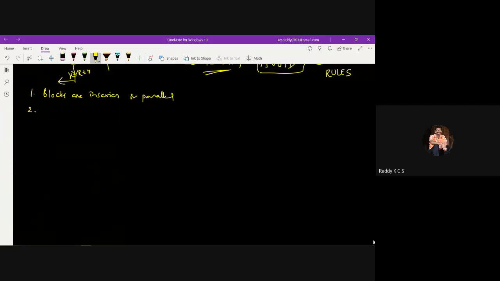The second one is swapping of summing points, that is the associative law, and that we also discussed. The third one is shifting a summing point after the block, and the fourth one is shifting a summing point before the block.